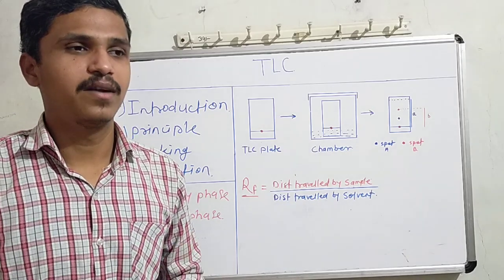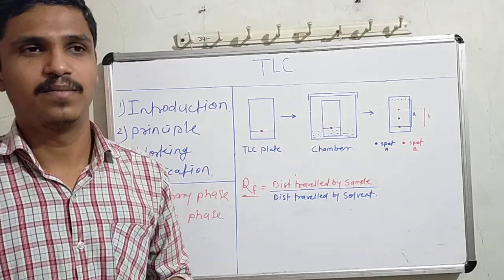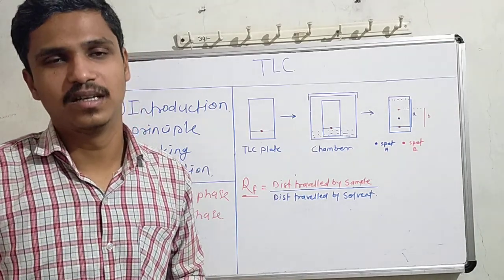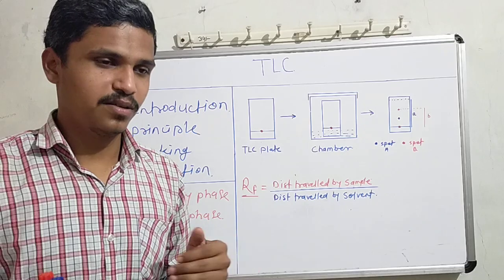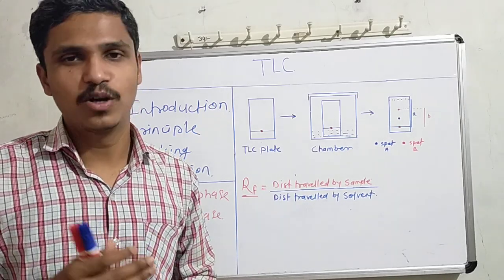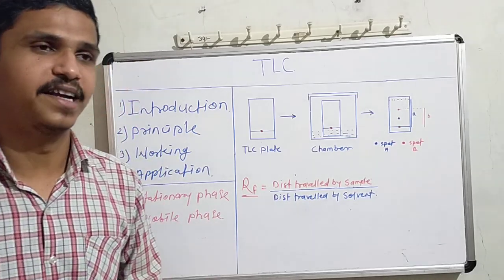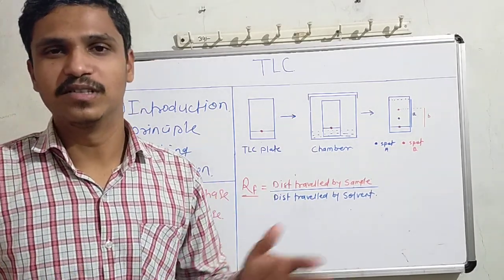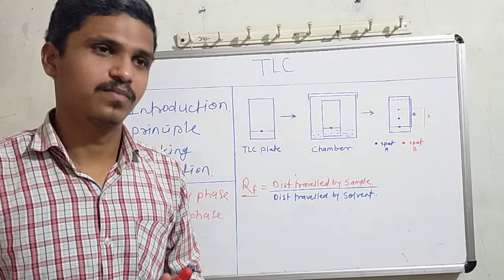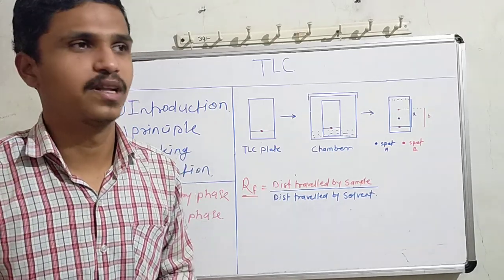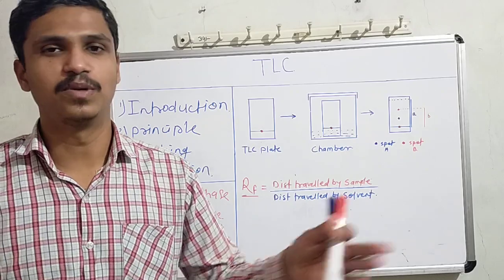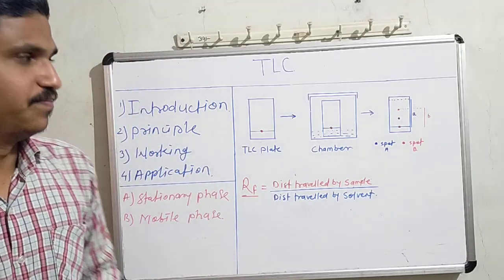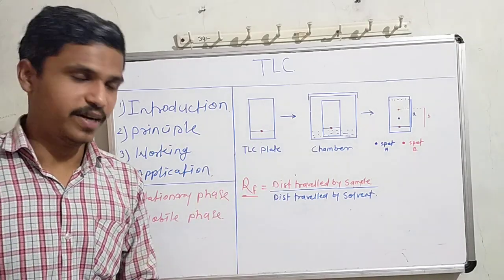But the problem with glass slides is that most of the time there is no uniform thickness of the silica gel, so the mobile phase does not travel properly over the slides, and proper separation of the spots is not possible. So most research students and postgraduate students use the ready-made TLC plate for the separation of components from a given mixture. Okay, so this is about the TLC plate.